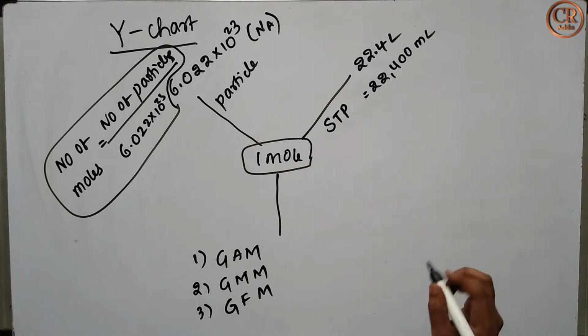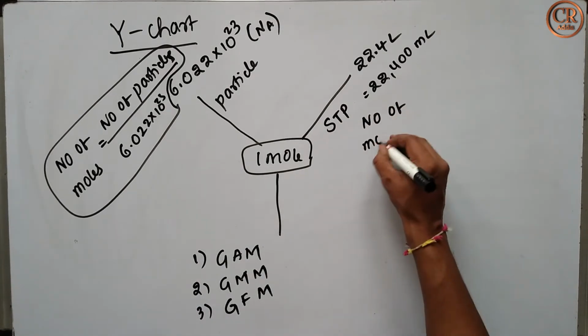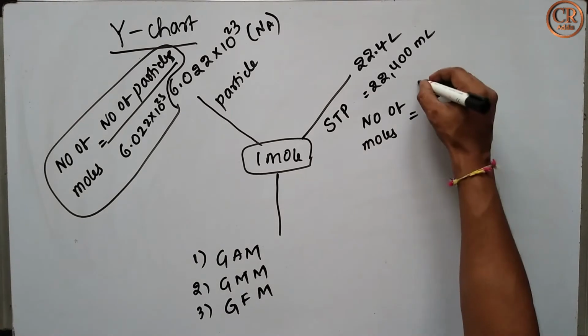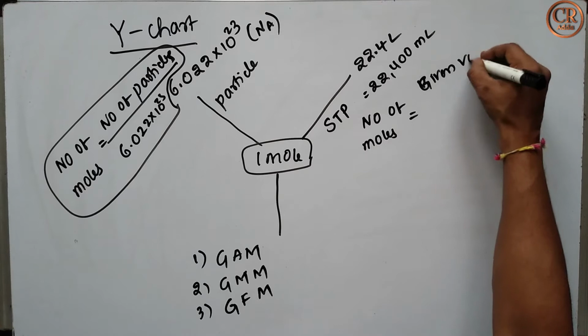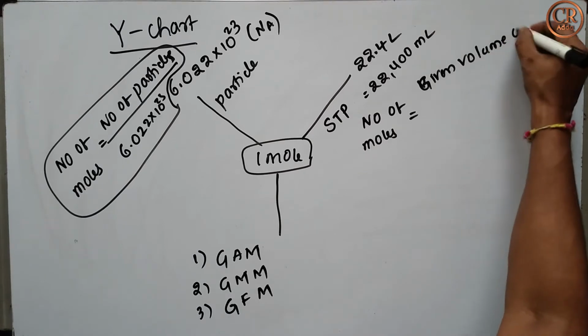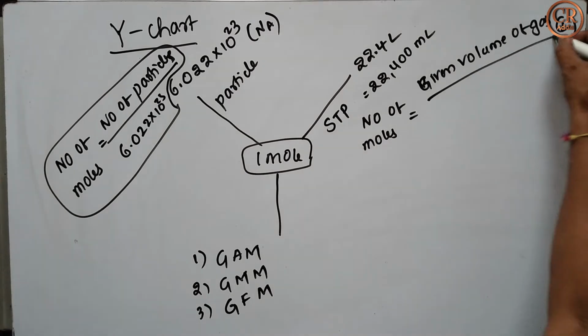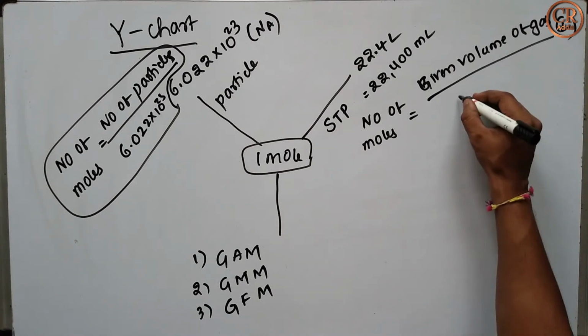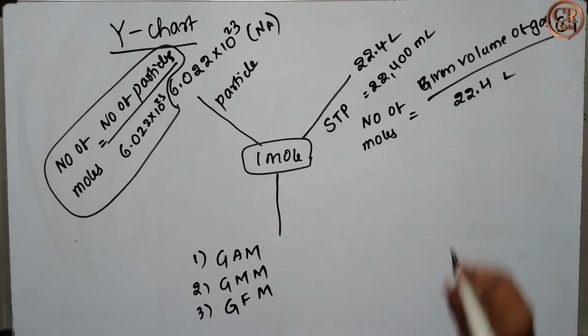Now the number of moles in terms of volume, number of moles is equal to given volume of gas in liters by molar volume. Molar volume is 22.4 liters.